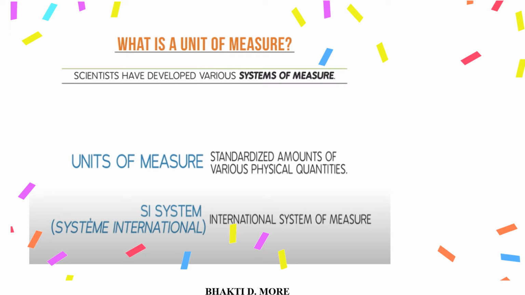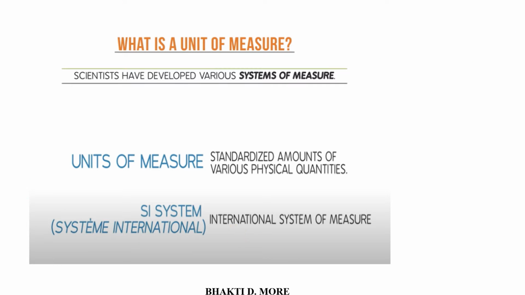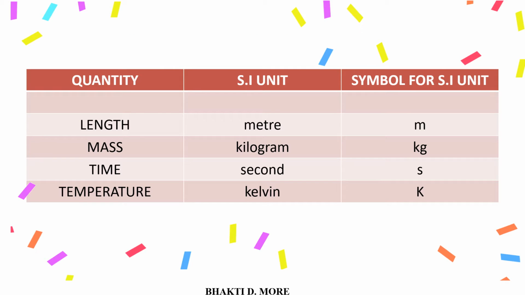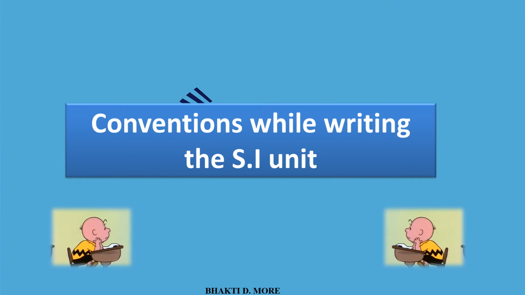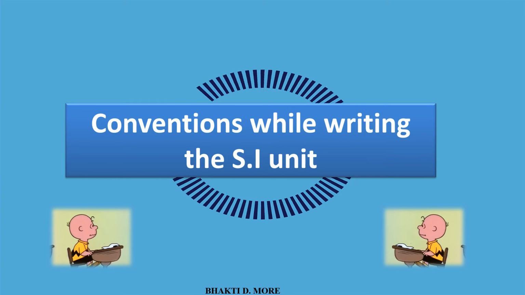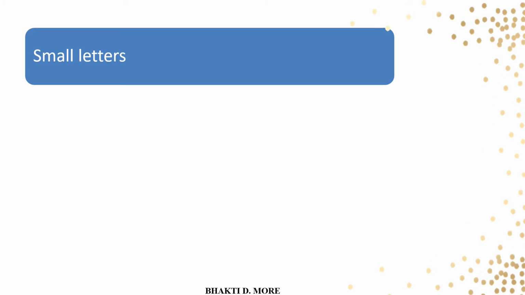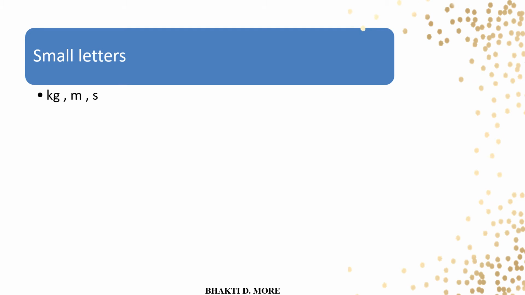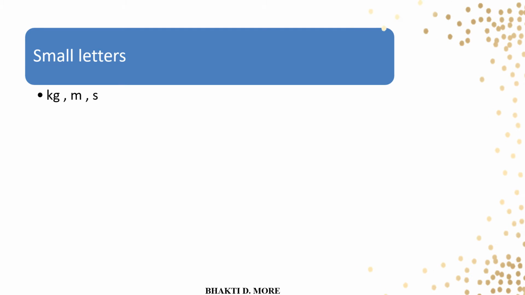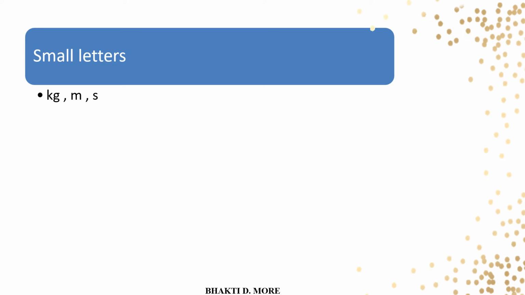The International System of Units, that is the SI unit, is accepted throughout the world. This table shows different quantities with their SI units and symbols. Now let's study conventions while writing the SI unit. The symbols are written in small letters like kg for kilograms, m for meters, and s for second.